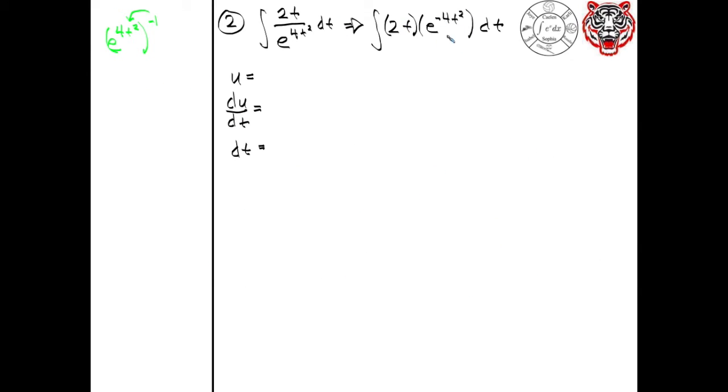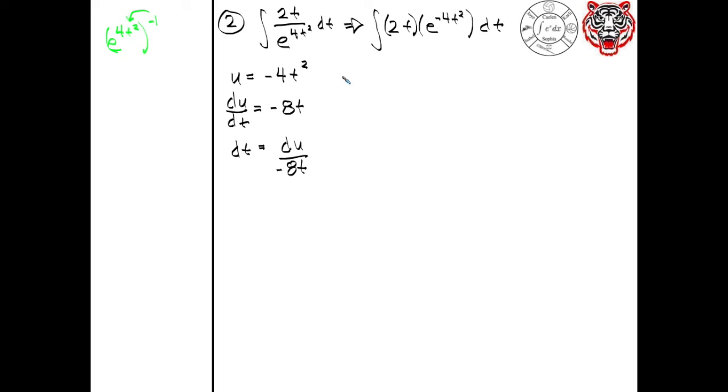Usually the most complex term is where you're finding u, and it's the e house, so it's going to be up here, and that's negative 4t squared. So du dt is negative 8t, I multiply the 2 down and subtract 1, and solving for dt gives us du divided by negative 8t.